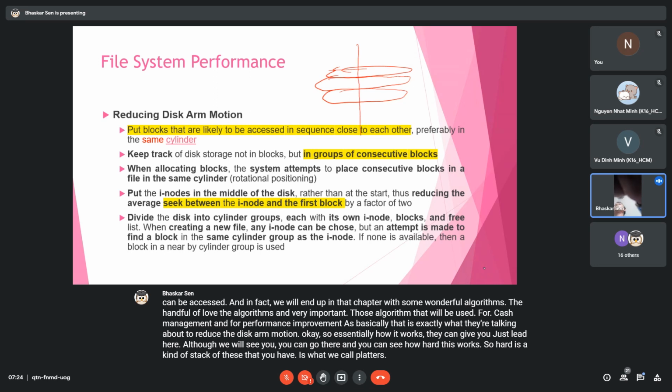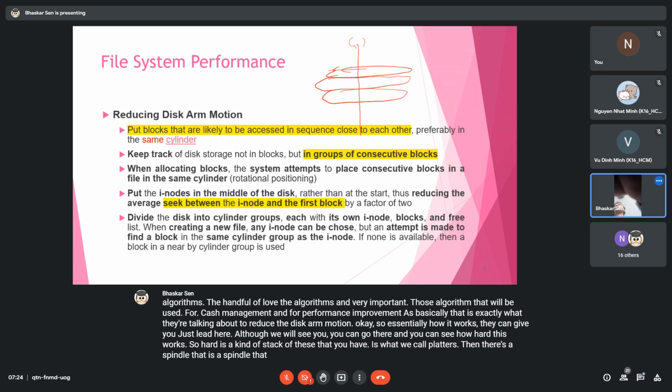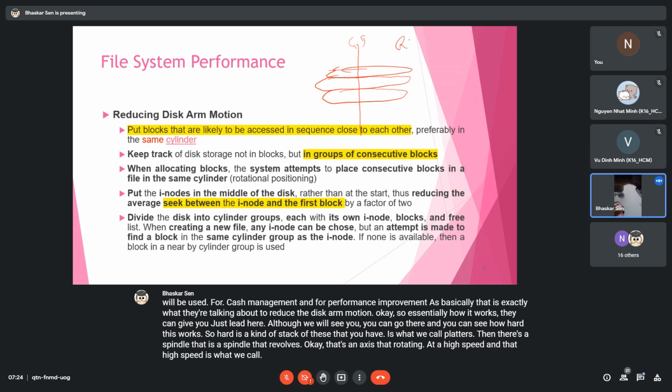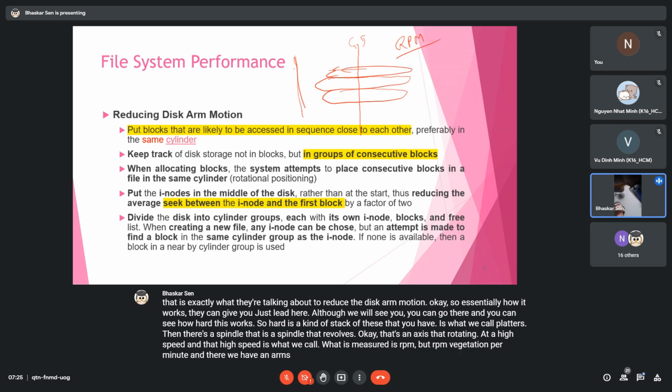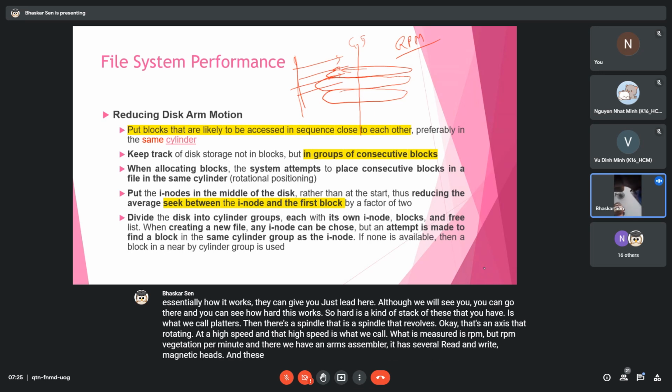Then there's a spindle that revolves, an axis that keeps rotating at a high speed, which is measured as RPM, rotations per minute. And there we have an arm assembly. It has several read and write magnetic heads, and these read and write heads are the ones that do the job of writing.